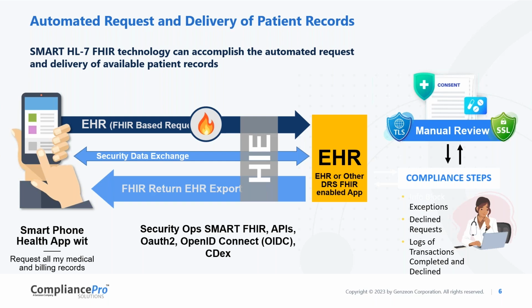What I'm saying over to the right-hand side is what you're not hearing much about, and that is there are compliance requirements from the privacy officer and maybe compliance areas for the reviews of these FHIR type transactions. So there are, in fact, quite a few compliance steps that very few organizations have really pinned all of that down.